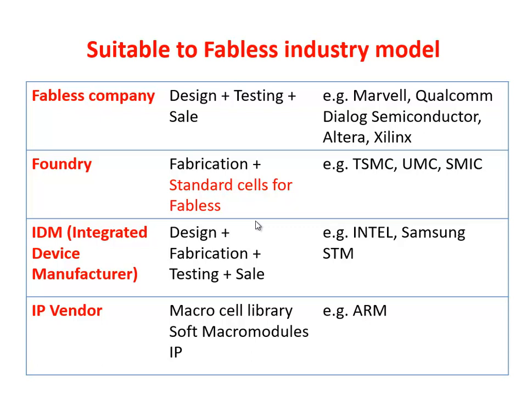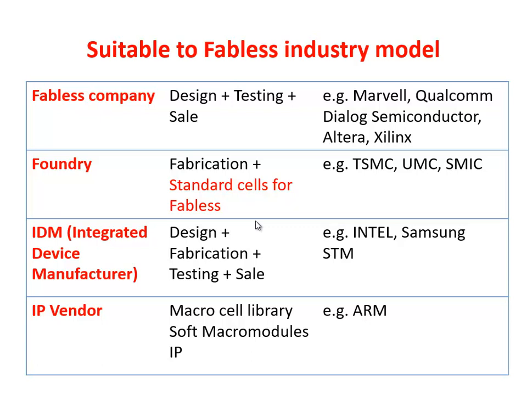There are many large companies now that are practically fabless. The largest one, maybe, is Qualcomm, which is probably now making most of the revenues from the Snapdragon processors for all the Android phones.